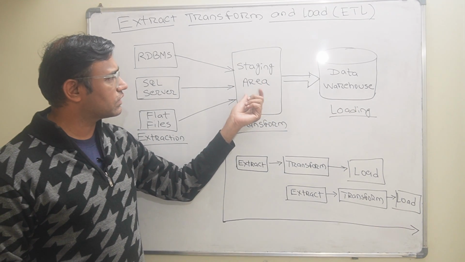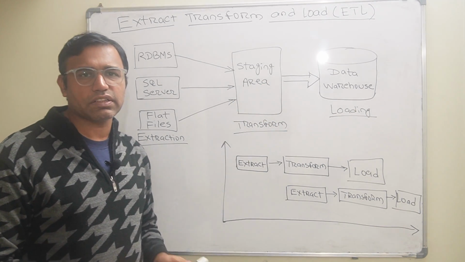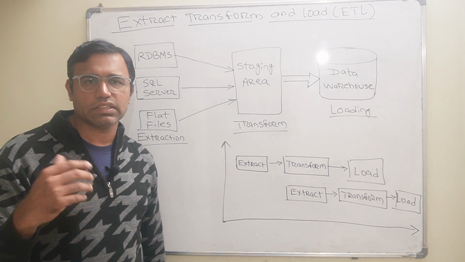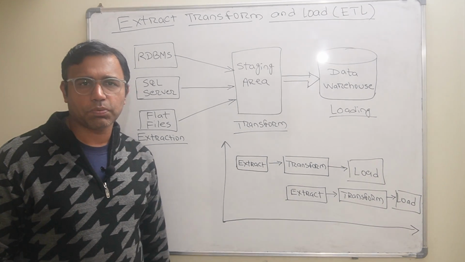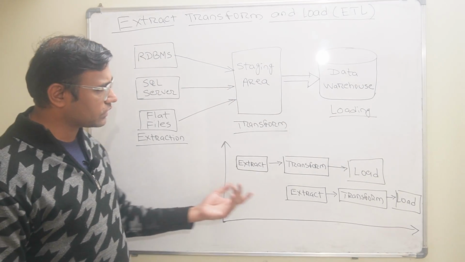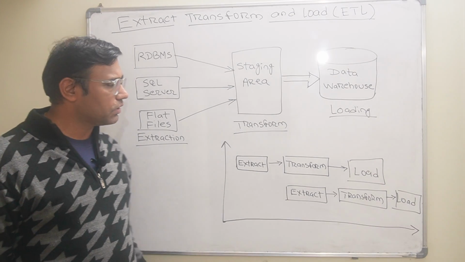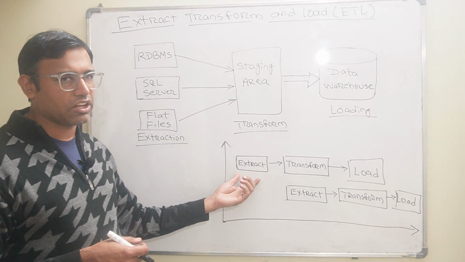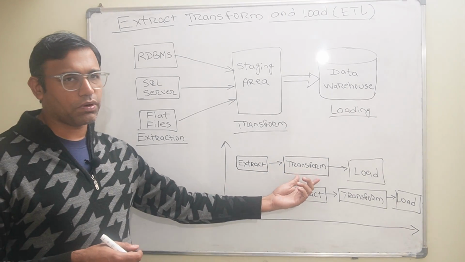Here the main area is the staging area, which is nothing but the temporary storage where the data is stored and then converted into one unique format. So this is about the ETL process. Now the ETL process can also be a pipeline. Suppose the data is received from some of the sources, then it is extracted, then it is in the transform phase.